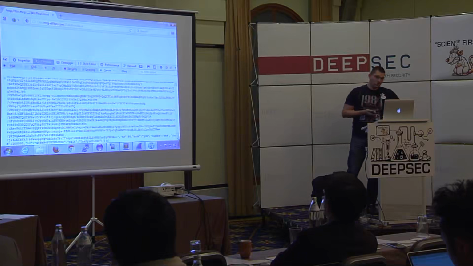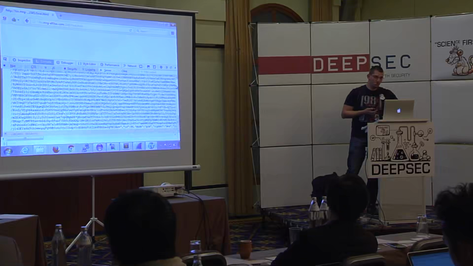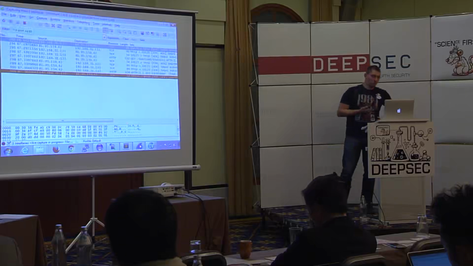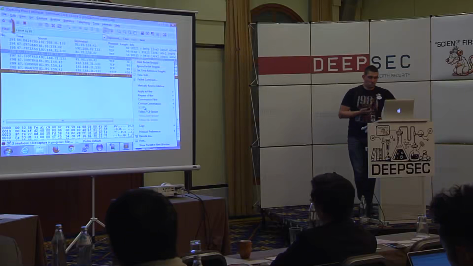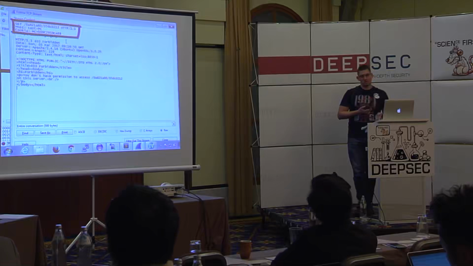Now if we try to decode it, as I already showed you in the first demo, you don't get back the original content. The reason for this is that I immediately remove the decryption key from memory as soon as it's not needed. But if I look at the Wireshark traffic, I can see that the exploit was successful.